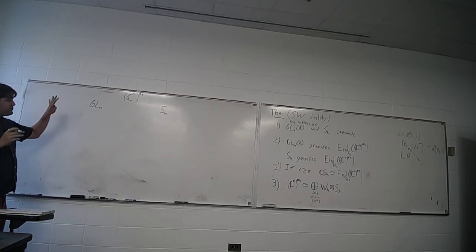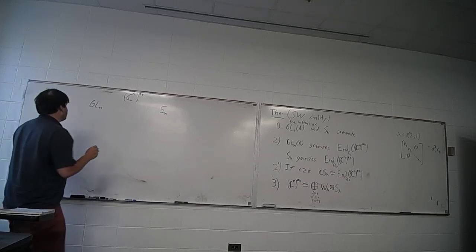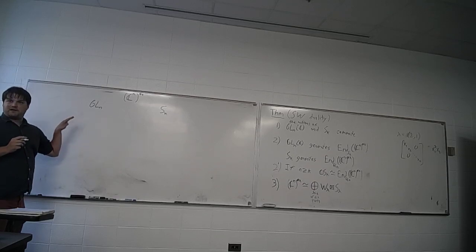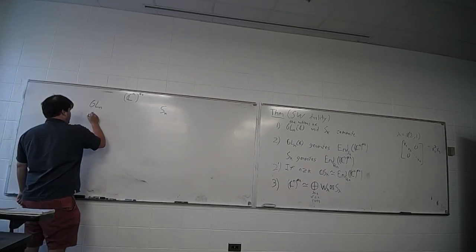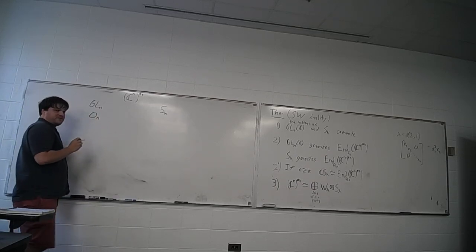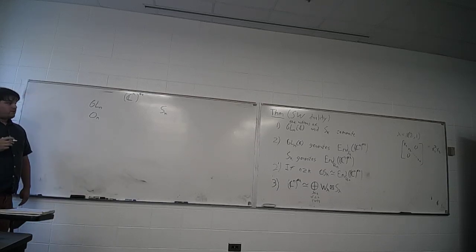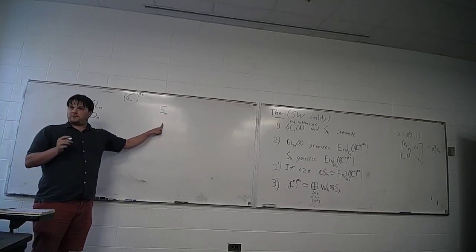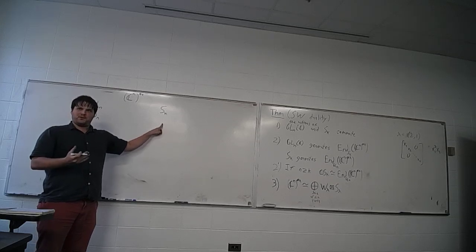If we change one side, we have to change the other side accordingly. So for example, if I want to think of C^n instead of as a GLN representation, I could think of it as a representation of the orthogonal group. Now I've shrunk this group, which means I'm going to have more things over here that commute with it. It's easier to commute with a smaller group.